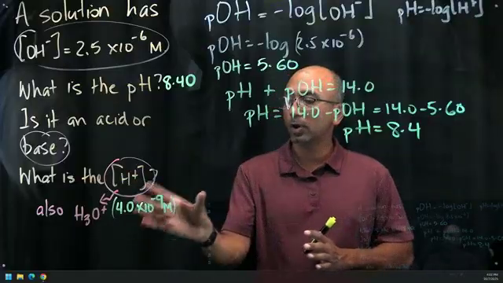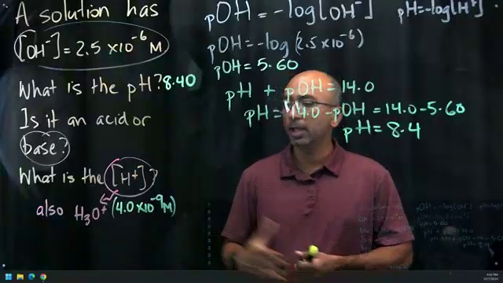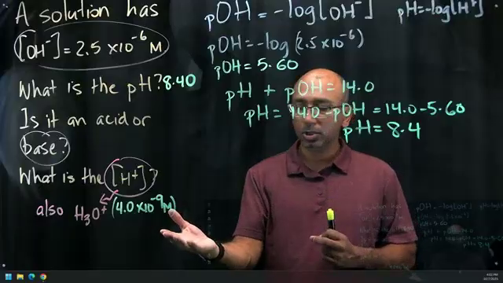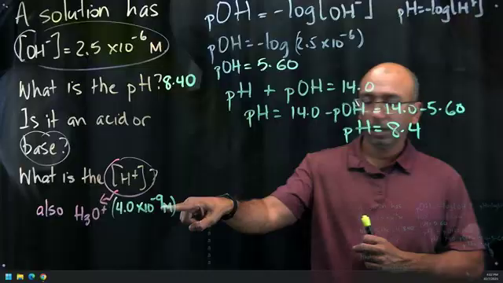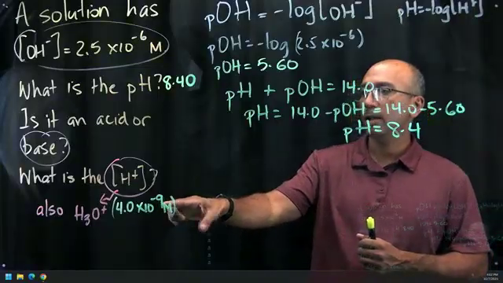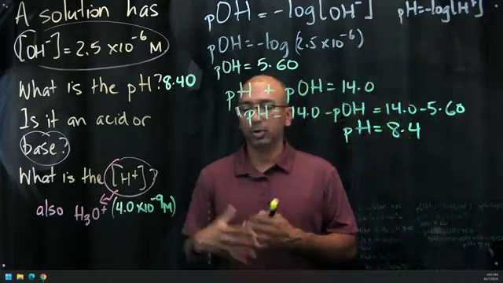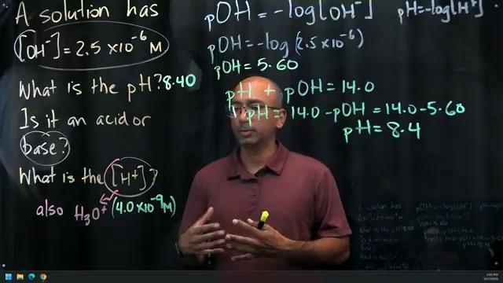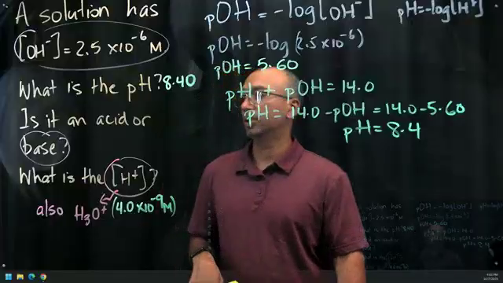When you are given, or when you know, or you calculate the H plus concentration and it's written in scientific notation, typically the pH is going to be very, very close to what that exponent is. My exponent here is 10 to the negative 9, and my pH ended up being fairly close to 9, right? So that's how you can check to see whether your answer is in the right ballpark or not, just by looking at some of these numbers and making some generalizations.